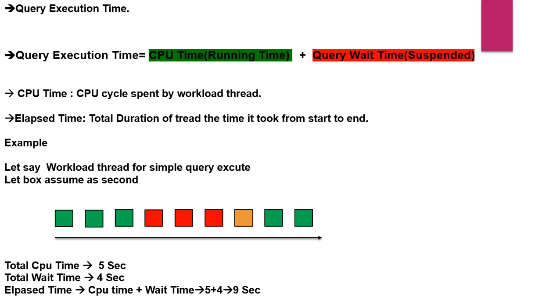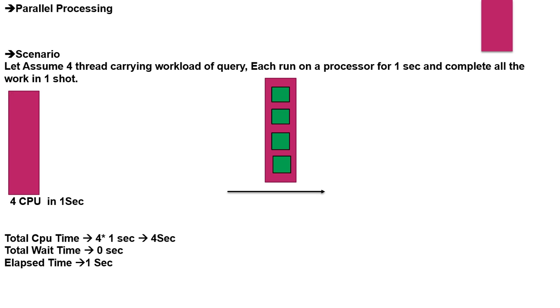Let's proceed further: parallel processing. Parallel processing is when multiple processes work together simultaneously to run a single SQL statement. Let's understand with an example. Assume 4 threads carrying the workload of a query, each running on a processor for 1 second and completing all the work in one shot.